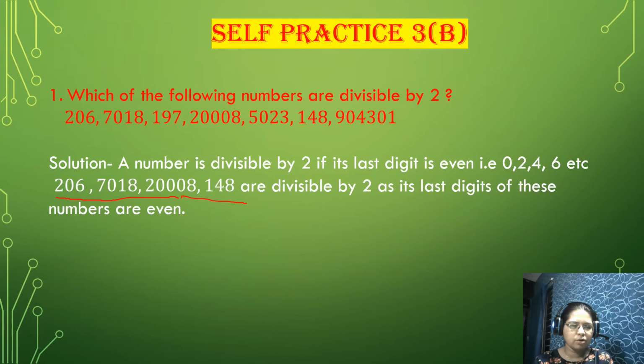These four numbers are the only ones divisible by 2, as their last digits are even. So we know that a number is divisible by 2 if its last digit is even.